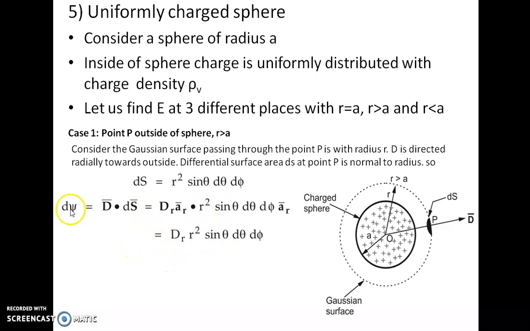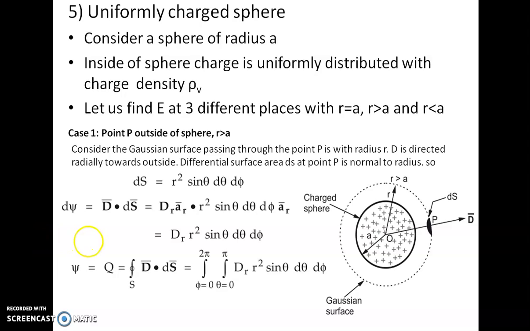Now I have to find what psi is. Psi can be obtained by taking the surface integration of this quantity. So the surface integration of D dot ds is equal to psi, which is equal to the charge Q. Here we are going to do a double integration with respect to theta and phi.